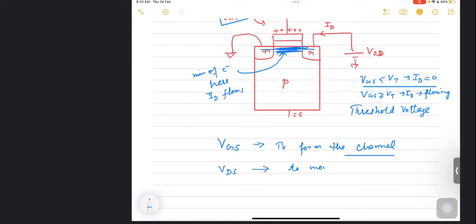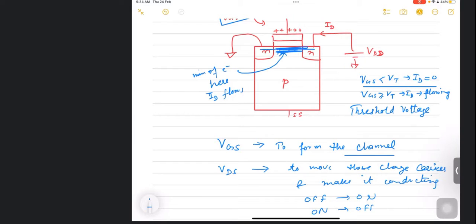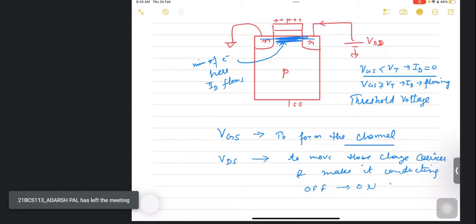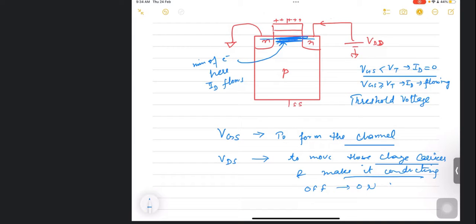To move those charge carriers and make it conducting. Means bringing from off state to on state, right? So to bring from off state to on state. Once the channel is formed, there is flow of charge carriers, and that is how the current is going to flow.